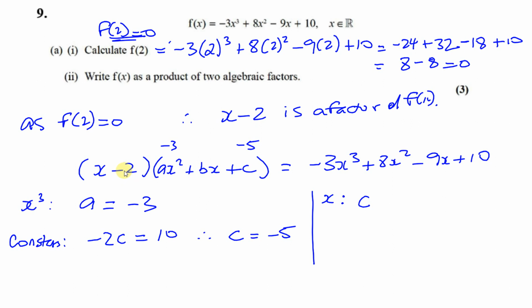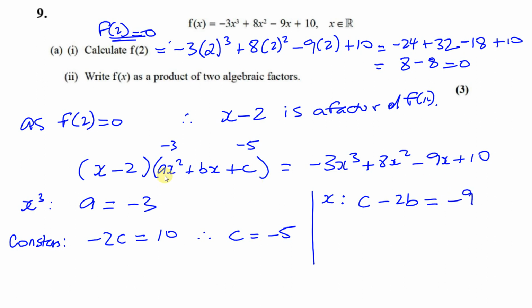But there's also, when I do minus 2 times b, I'll also get an x term, won't I? So minus 2 times ax squared is going to give me an x squared term. Minus 2 times bx is going to give me an x term. So minus 2b. And minus 2 times c gives me a constant. So this combination of these two is going to give me my x term, which is minus 9.